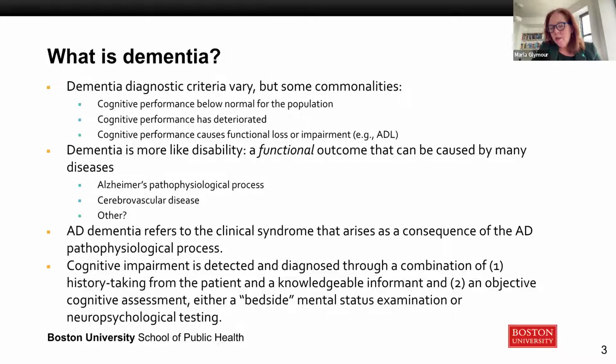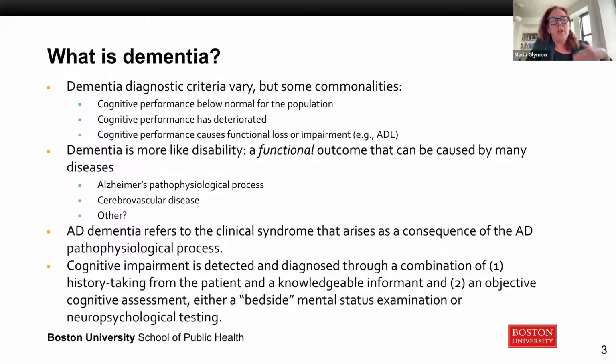The diagnostic criteria for dementia change over time, and at any given time, there are various different diagnostic criteria in use, but there are some common features of all of them. Cognitive performance is below normal for the population, the individual's cognitive performance has deteriorated from their prior performance, and that cognitive loss causes a functional loss or impairment, such as an activity of daily living limitation, like difficulties balancing your checkbook or cooking.